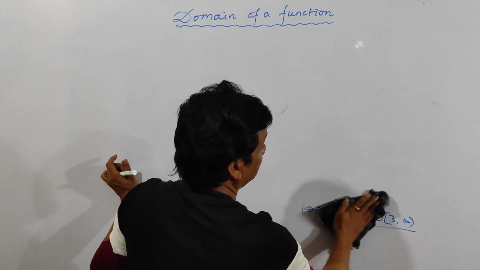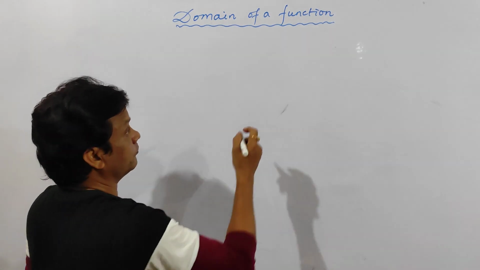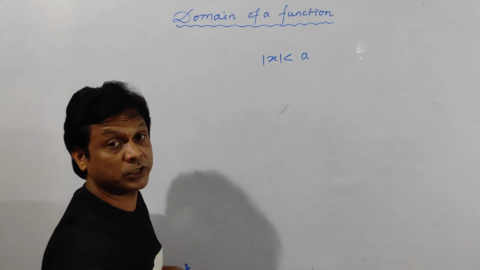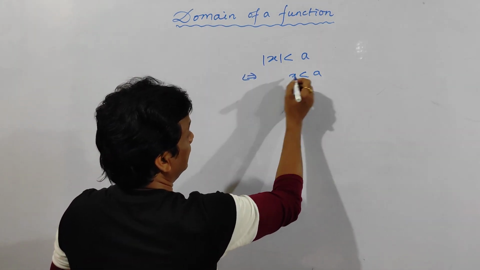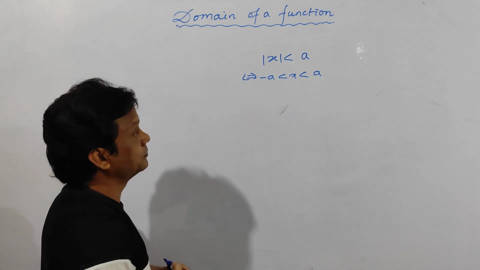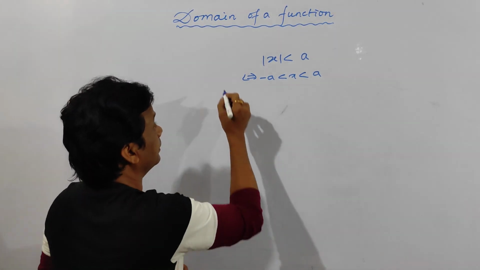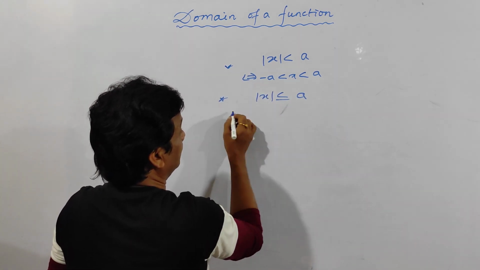And another property I am going to tell you. See here, a very interesting property upon modulus. Mod x is less than a, where a is positive. So the meaning is x is less than a and greater than minus a. This is the property on modulus, already known to you. Clear? And the second property, mod x is less than or equal to a.